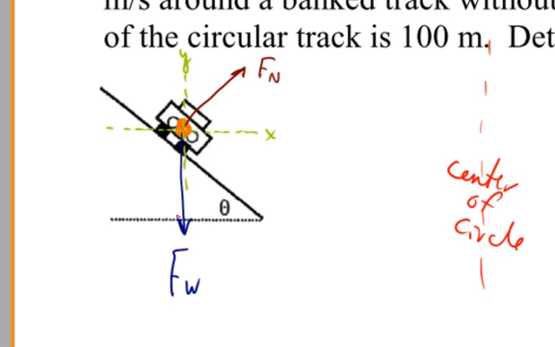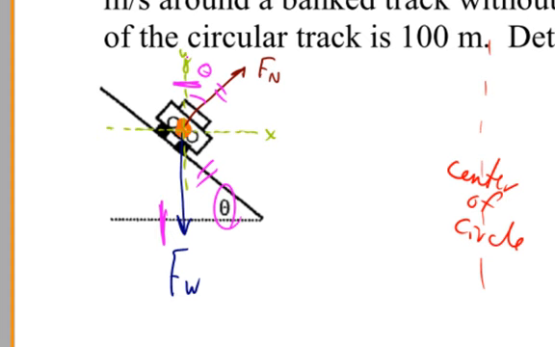I can see that the horizontal part of the bank and the y-axis are perpendicular to each other. And I can also see that the angled part of the bank and the normal force are perpendicular to each other. And so if theta is the angle between the two crosshatches, then theta must be the angle between the two crosshatches. So now I've located the angle theta.